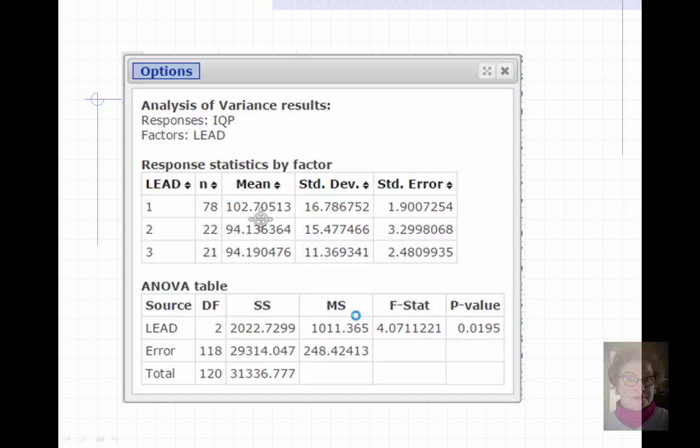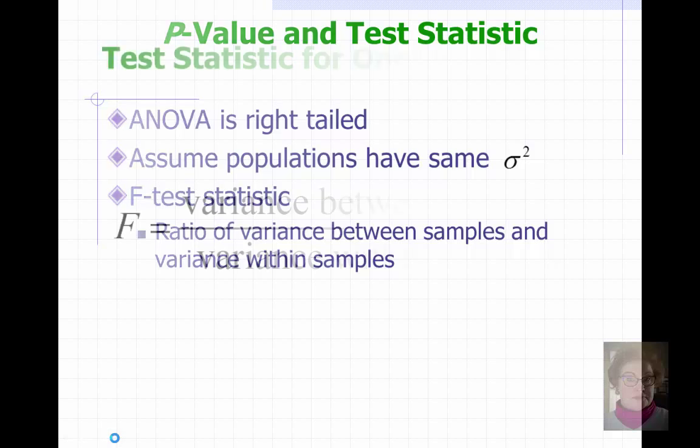On our results page here, this top number is our variance between the samples, and the bottom number is the variance within the samples. And this ratio, so 1,011 divided by 248, is where we get our F statistic, and you'll see that on the next slide.